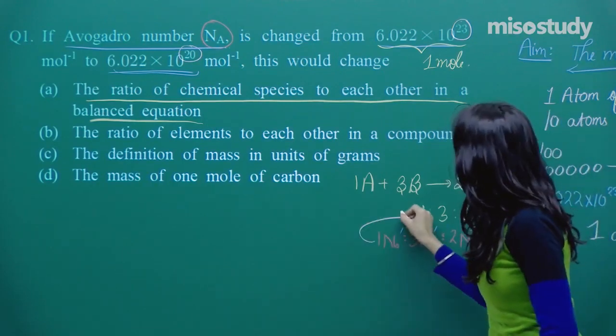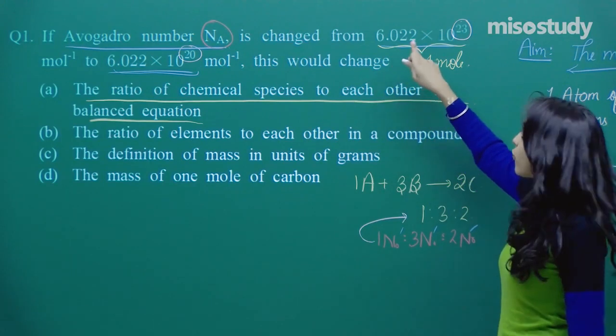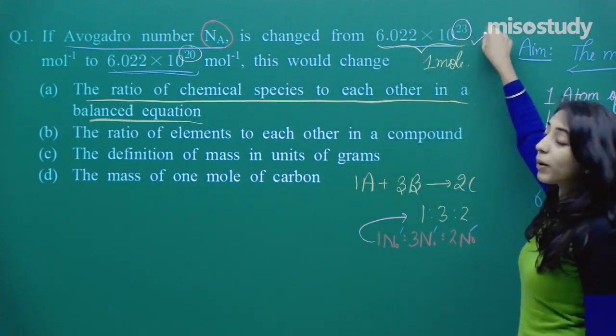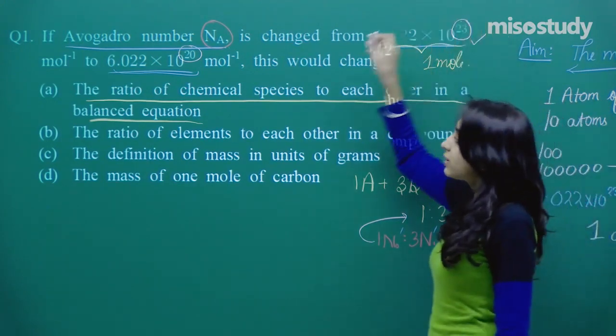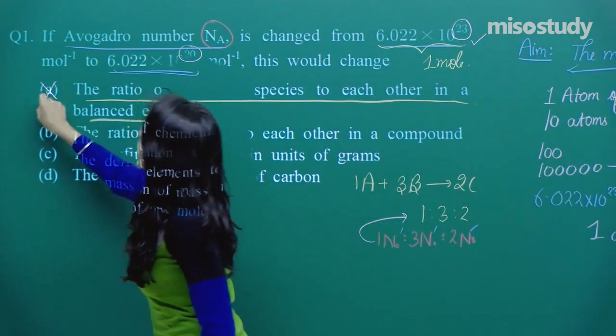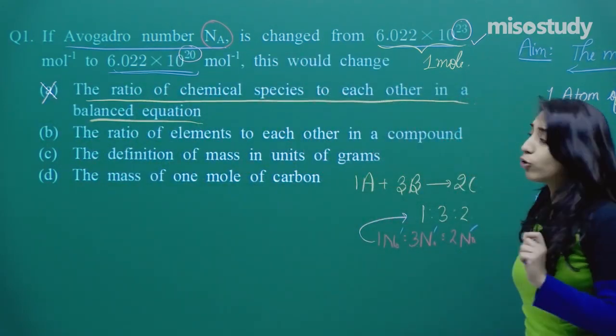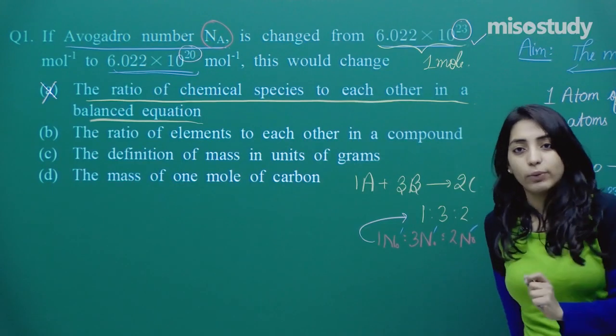Then also the ratio is same, right? So changing the value of Avogadro's number from 6.022 into 10 raised to the power 23 to 6.022 into 10 raised to the power 20 does not bring about any change in the ratio of chemical species to each other in a balanced chemical equation.